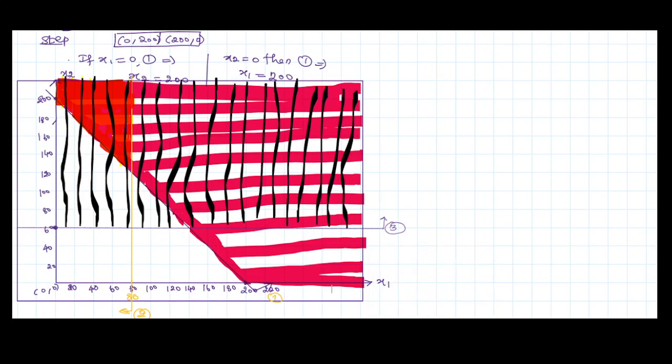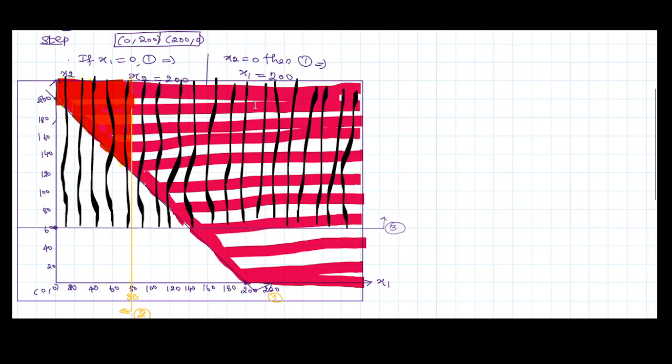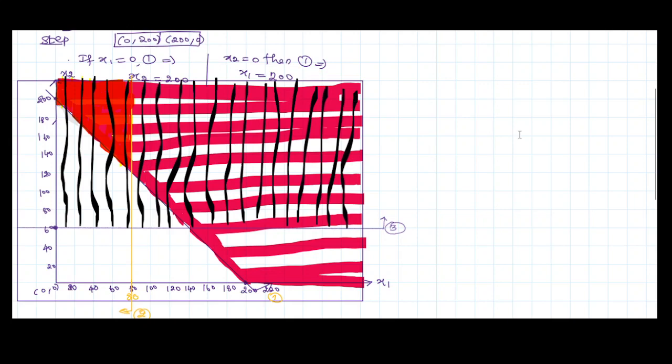Let us find the feasible region containing all three shaded regions. It is not visible, so I will make it another color, green, which I think will be visible.